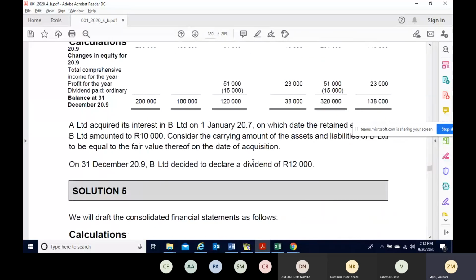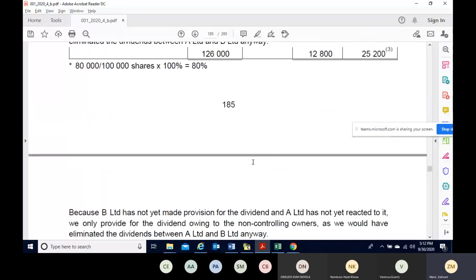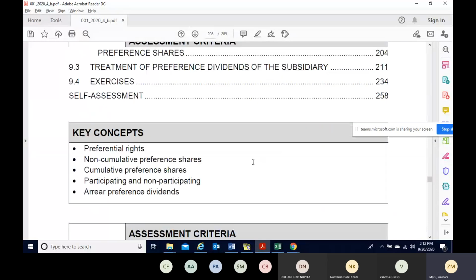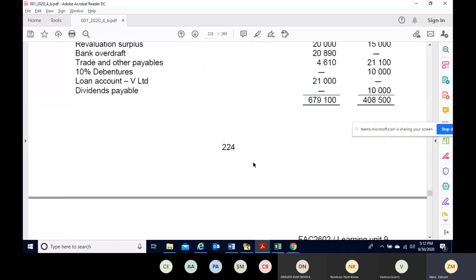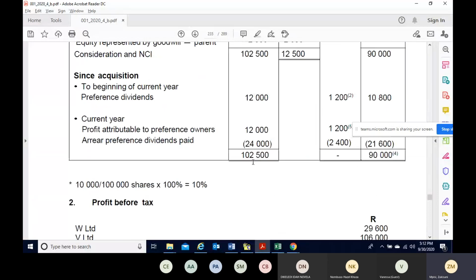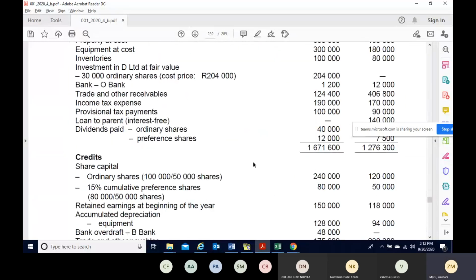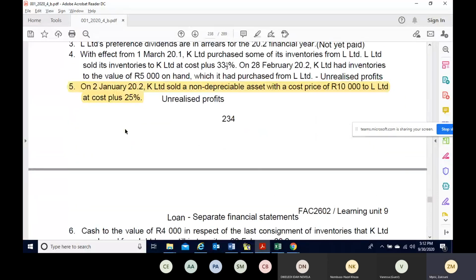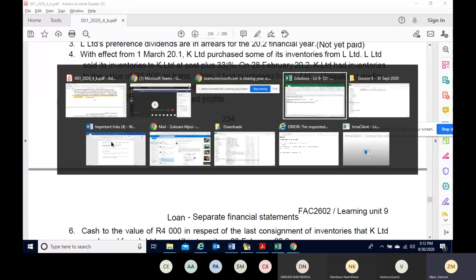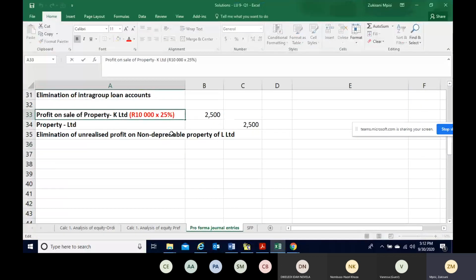I'm just looking for the page where we were, 233. Yeah. So this is supposed to be 25 divided by 125.